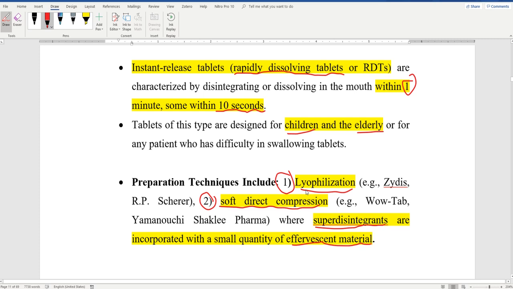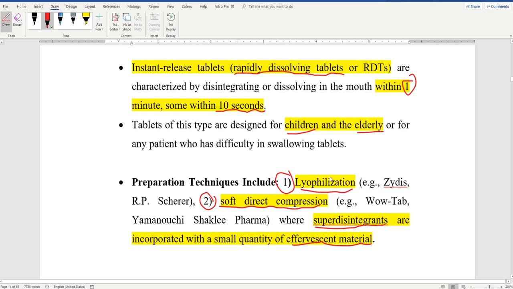This plug is so porous, meaning it has a lot of spaces, and hygroscopic. So once you put it in the mouth, it will absorb the saliva very quickly, dissolving the material. Okay, you got it?